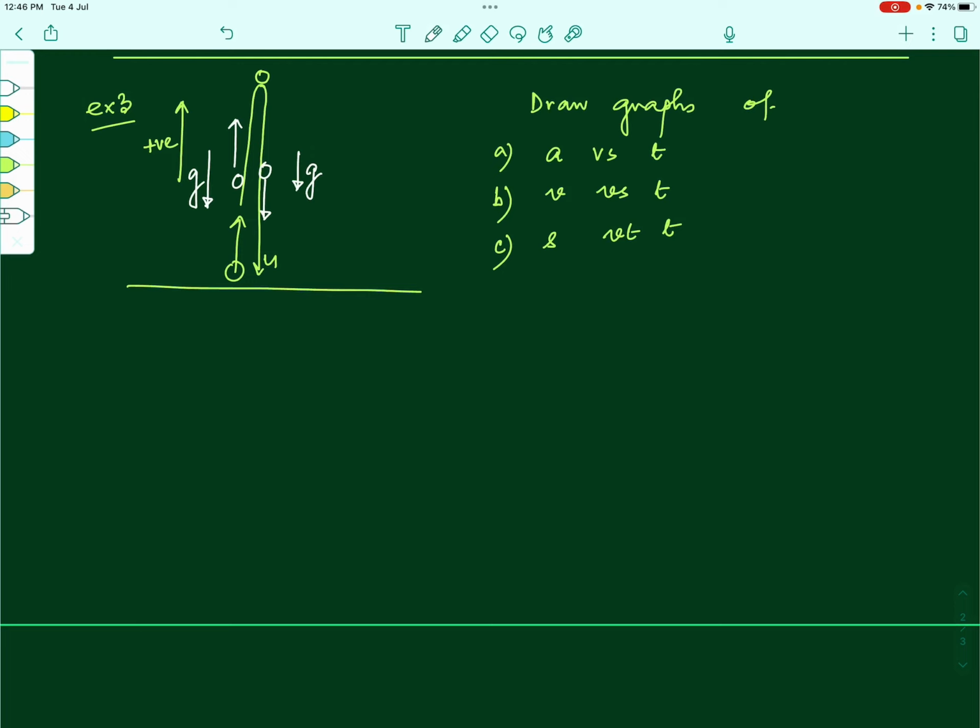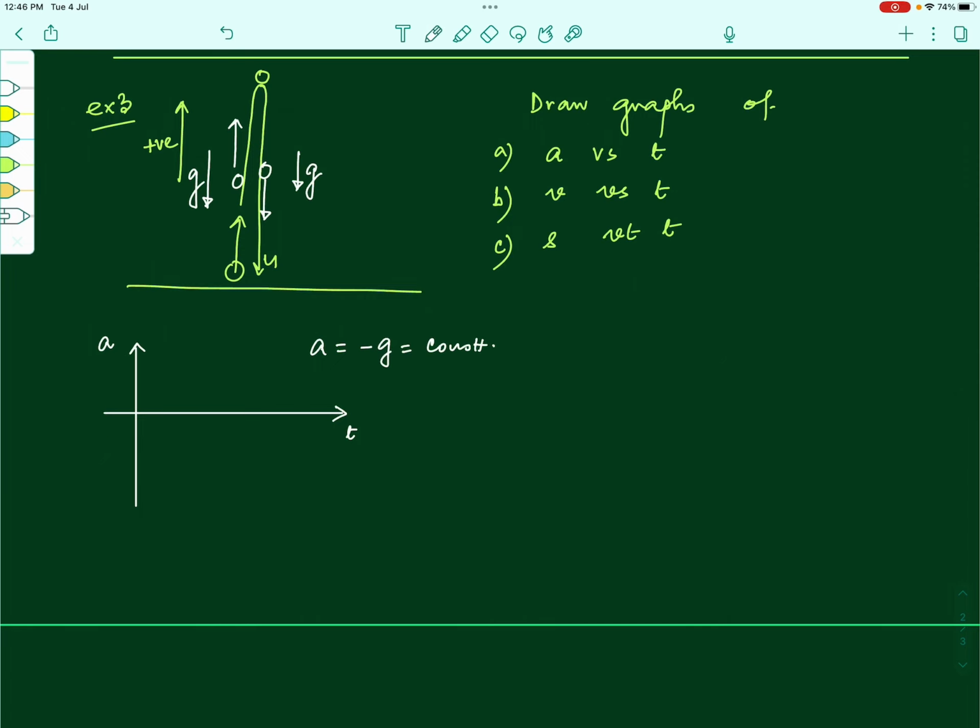There is no change in the value of acceleration throughout the cycle. So, when we try to draw the acceleration versus time graph, we should take the timeline somewhere here, because acceleration is in the downward direction, so negative, because we have taken upward direction positive. Acceleration here is minus g and it is a constant throughout the motion.